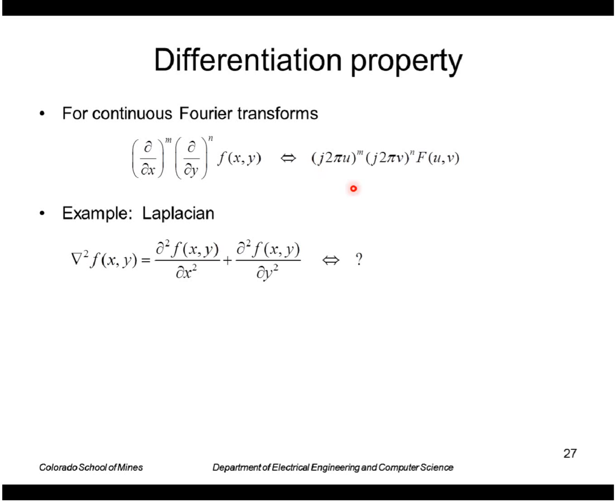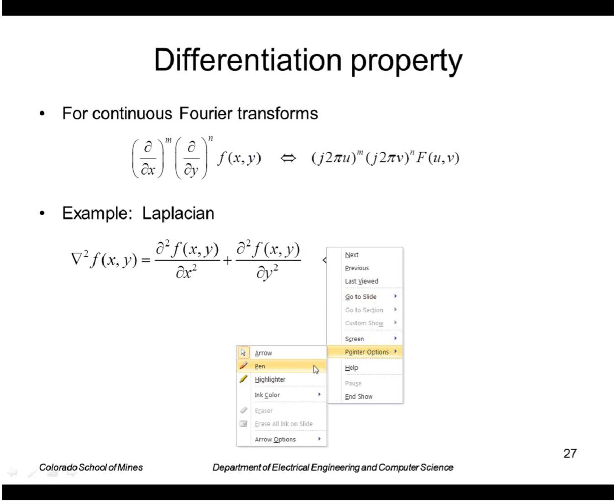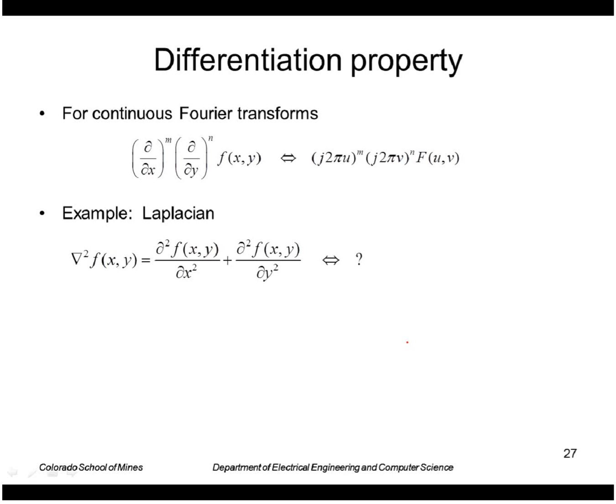by these products here. So for example, the Laplacian is the sum of the second derivative in x of f plus the second derivative in y. To see what that would look like on the transform, I'll just plug in 2 for those products. So j 2 pi u squared plus j 2 pi v squared, and then f of uv.